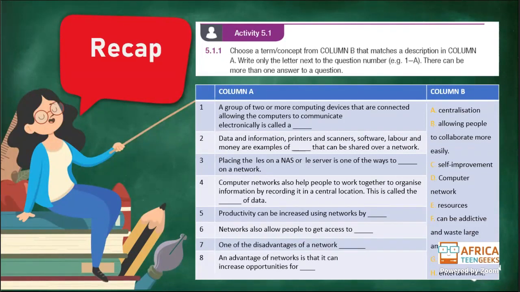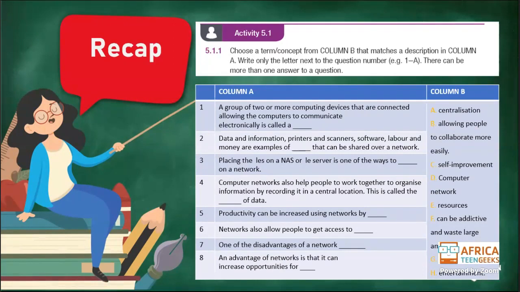Productivity can be increased using a network by... We are almost there. Right. And then, okay, networks also allow people to get access to... H, which is entertainment. Okay.